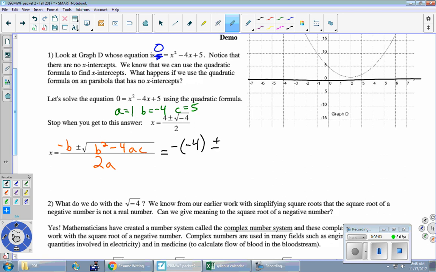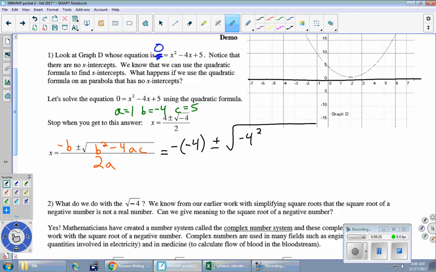Plus or minus square root of b squared. What am I putting? Negative 4 squared. That's what Rachel said. This is what Rachel meant. Negative 4 squared. Just right. We need parentheses. Negative 4 squared, that is negative 16.